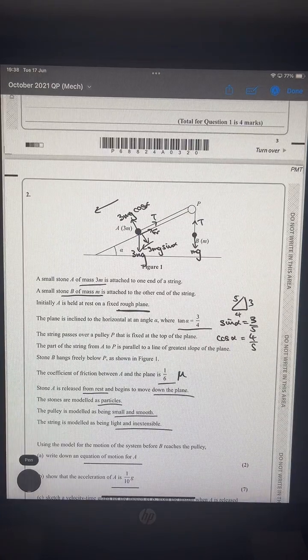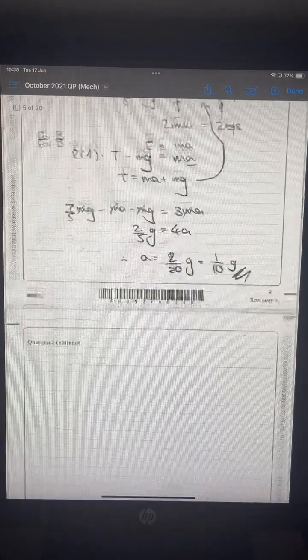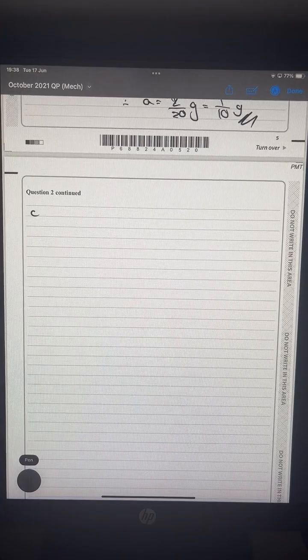So, if I look at this pulley, I've got B being pulled up, right? The acceleration of B is the same as the acceleration for A, because that's one of the modeling assumptions that we know with pulleys. So I'm going to start doing part C and write with a pen, not a rubber.